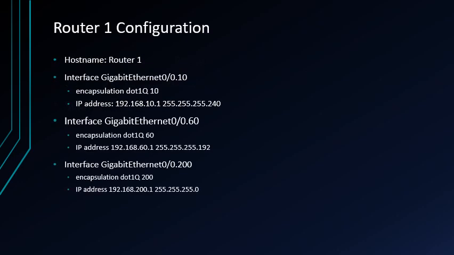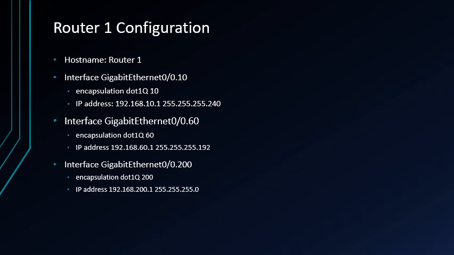For the router 1 configuration, we used hostname router 1, interface gigabit ethernet 0.10. We used encapsulation dot1q 10. The IP address was 192.168.10.1, and the subnet was 255.255.255.240. For interface gigabit ethernet 0.60, we used encapsulation dot1q 60.